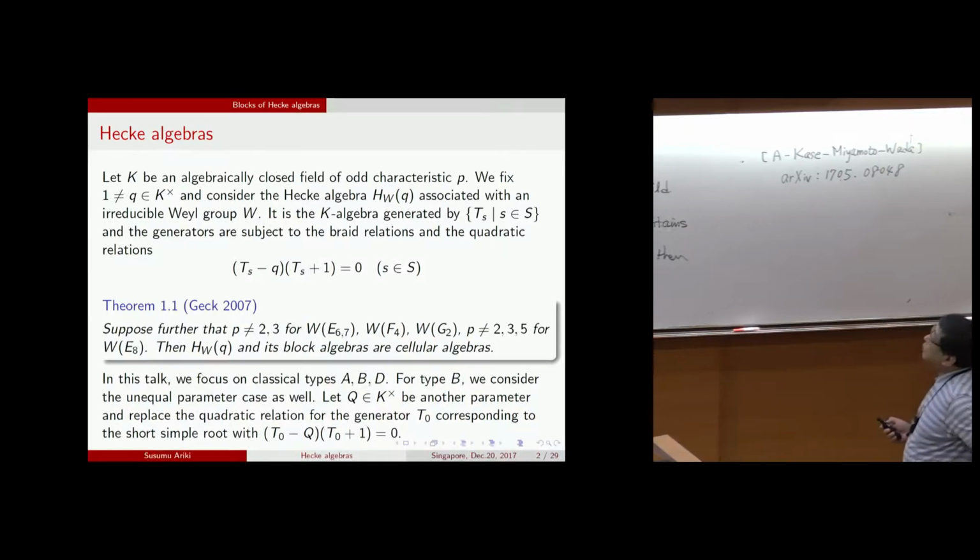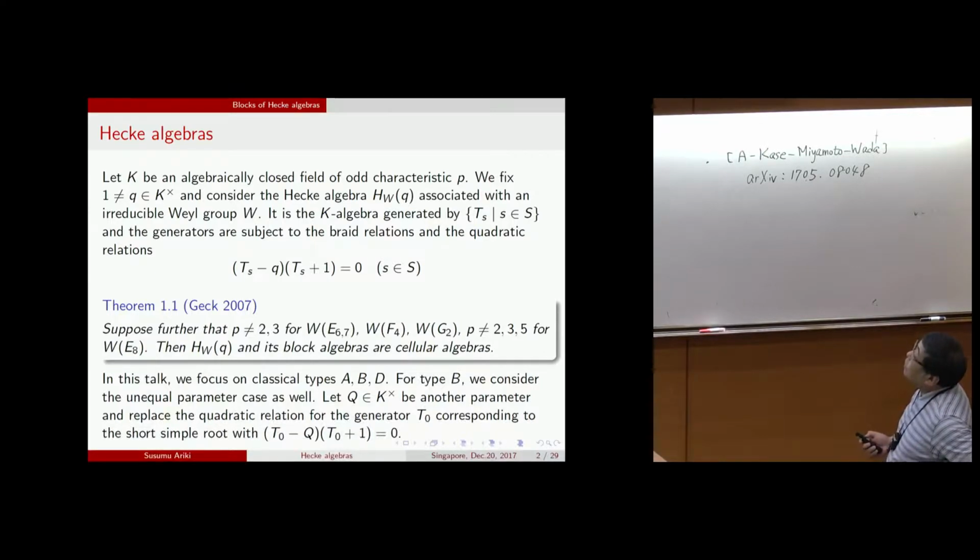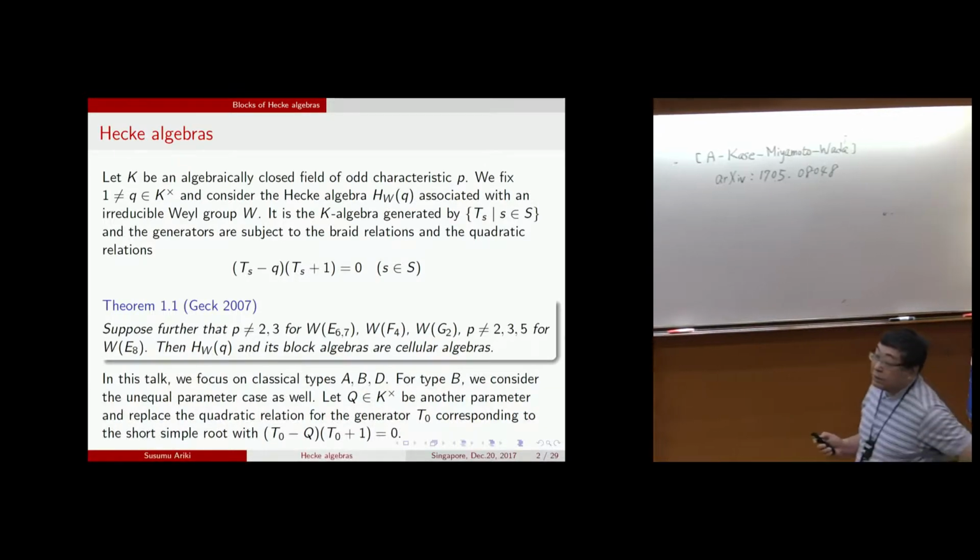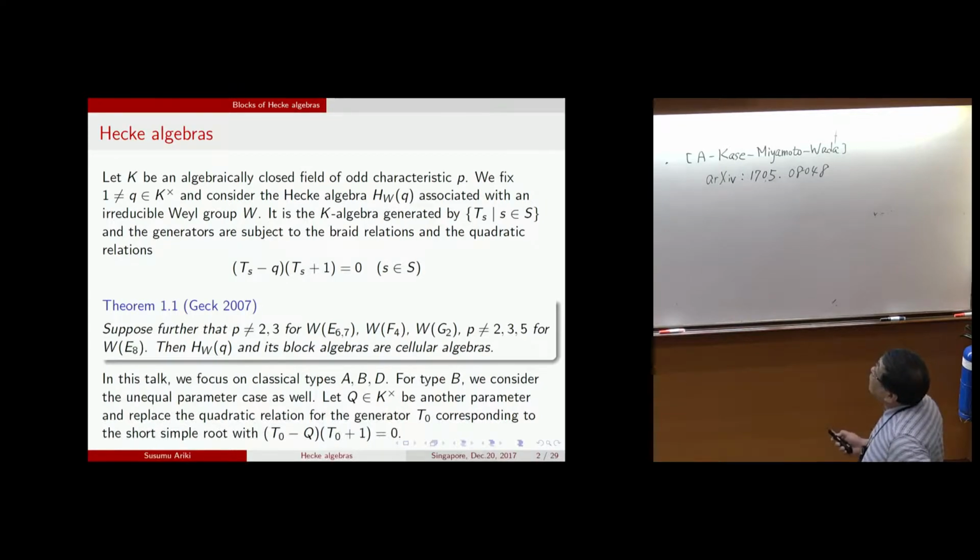And in 2007, Hecke published a paper in Inventiones, and that is a very surprising result: if P is not 2 or 3 for W of type E6, E7, F4 and G2, and further P is not equal to 5 for E8, then the Hecke algebra, and this Bloch algebra, is a cellular algebra.